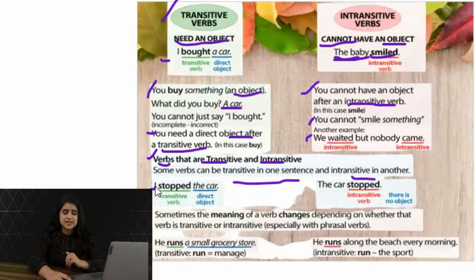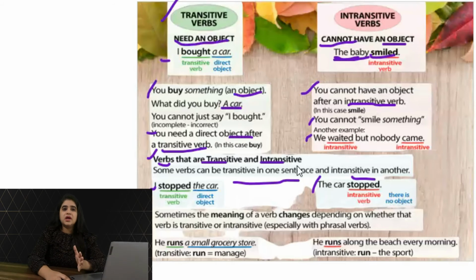of the sentence. Whereas talking about the intransitive verbs, the car stopped. In this case, although we are having the word car, car is not working as an object, but it is working as a subject. What is a subject again?